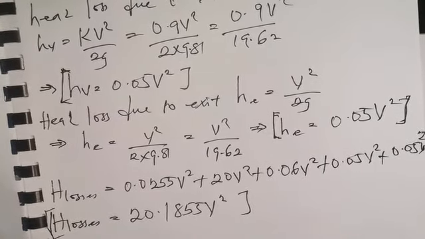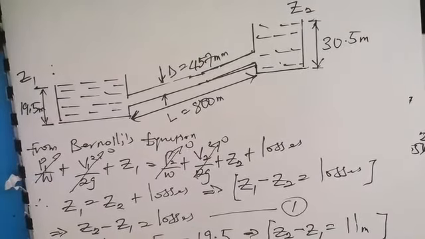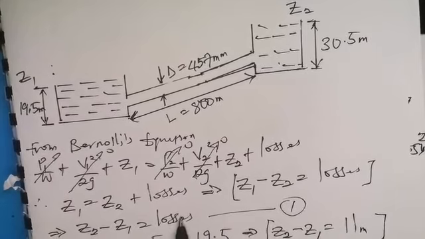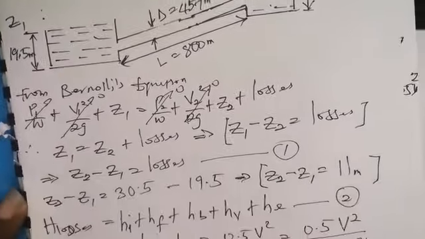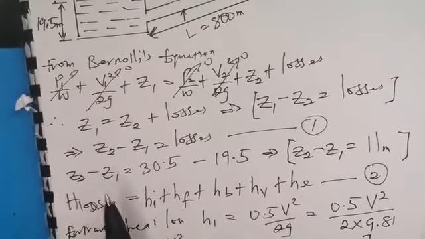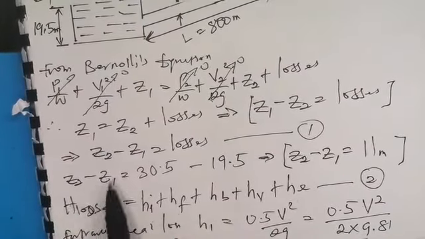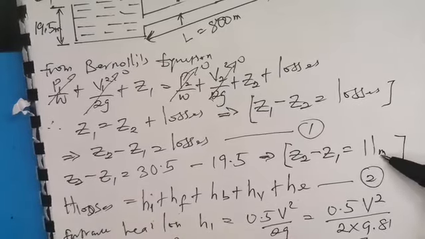Having found the total head loss, recall from equation 1, we said Z2 minus Z1 equals all the losses, and we obtained that change in height to be 11 meters.